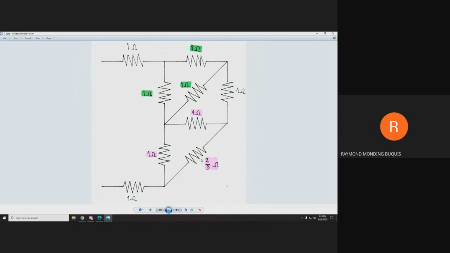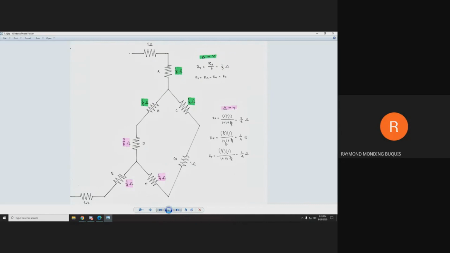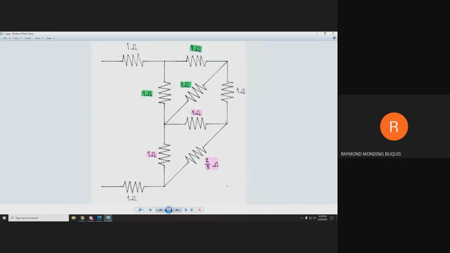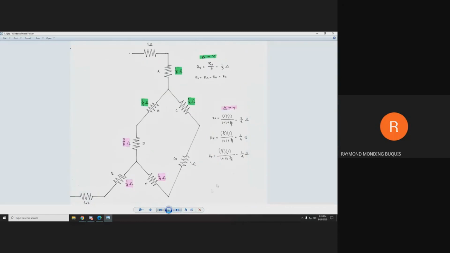So 1 times 2/3 is 2/3, divided by the sum of the three resistors, which would be 1/4. And same with the RF, since its adjacent resistors are 1 and 2/3. So we get the values of 3/8, 1/4, and 1/4.